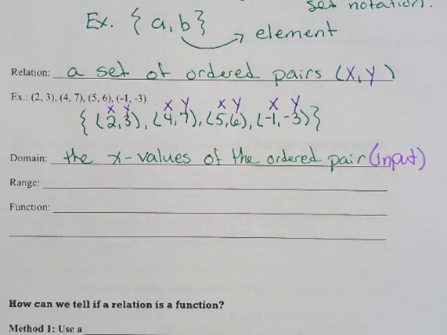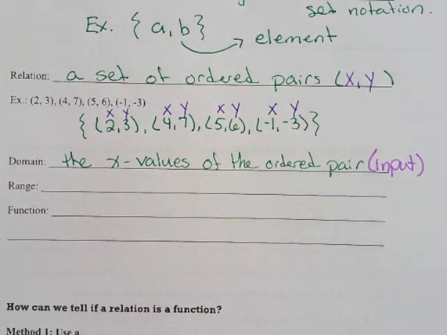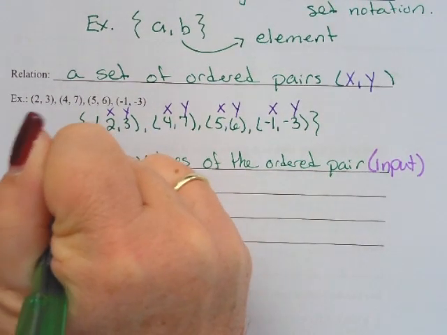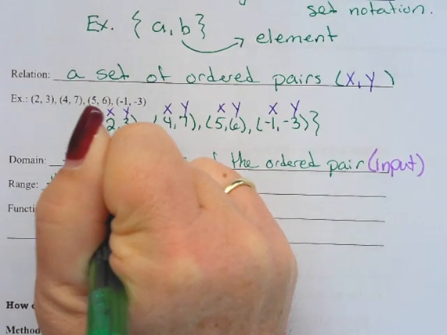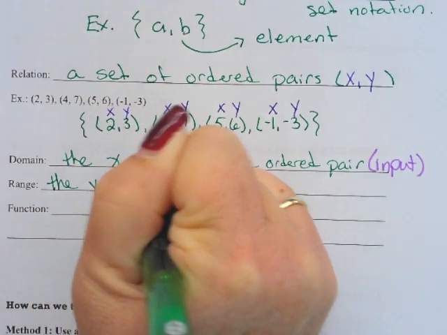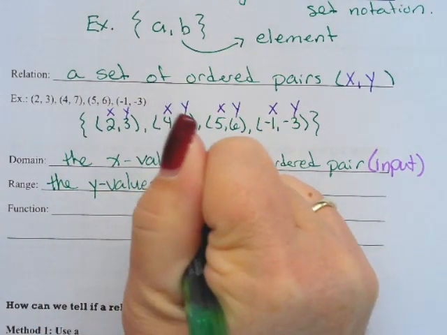Range, what's our range? Range is our Y. So it's the Y values of the ordered pair.